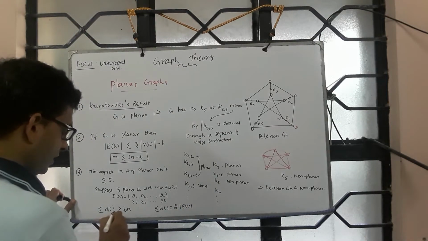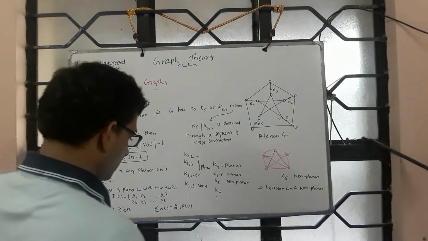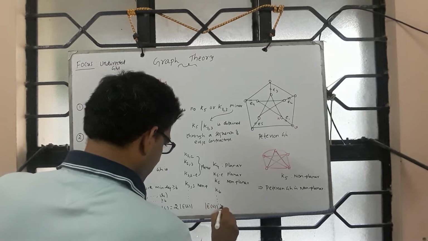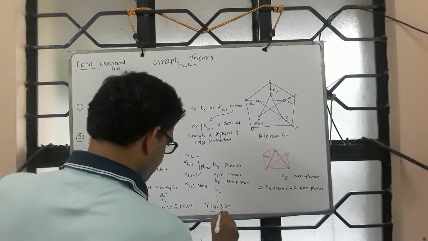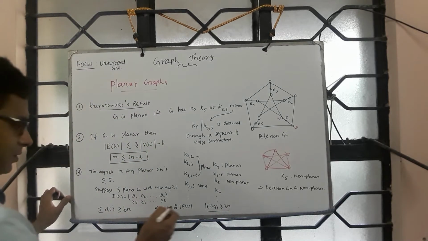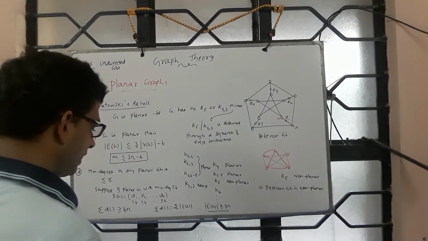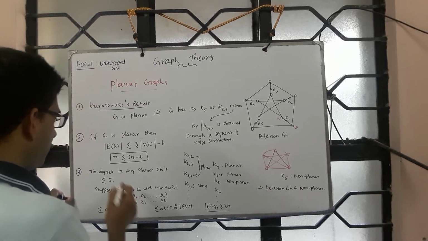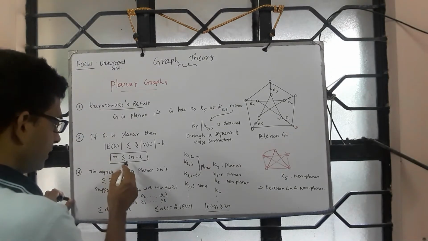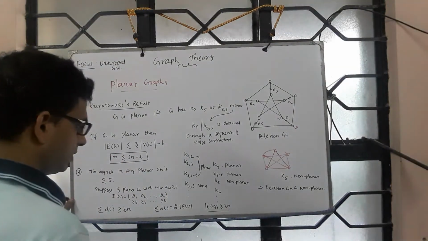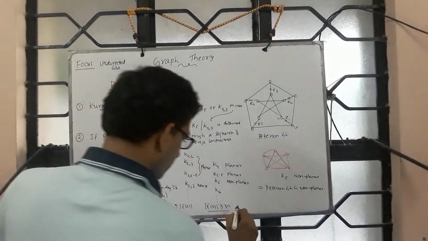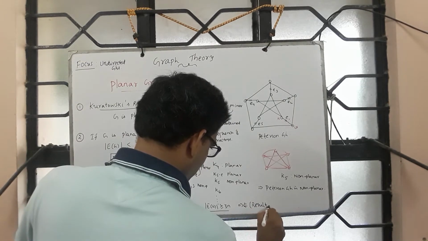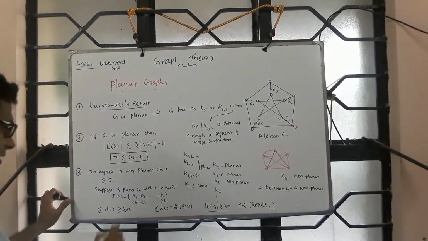And now degree sum is at least this, which shows that the number of edges is at least 3n, correct? 6n by 2, and you see that the number of edges is at least 3n, but this result says the number of edges is at most 3n minus 6. So this is contradicting result 2. So therefore our assumption is wrong.